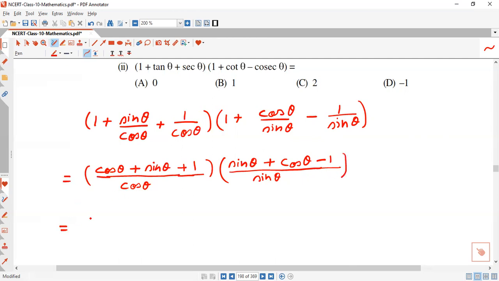So what we are getting basically, you see, this is forming a square. Cos theta plus sine theta plus 1, and sine theta plus cos theta minus 1, as whole terms, divided by cos theta sine theta.